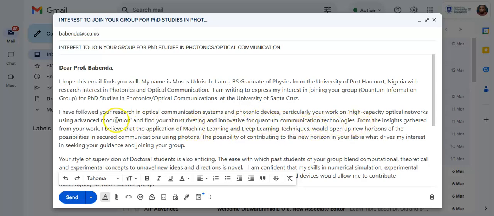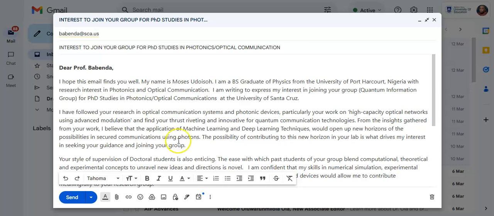From the insights gathered from your work, I believe that the application of machine learning and deep learning techniques would open up new horizons of possibilities in secured communication using photons. The possibility of contributing to this new horizon in your lab is what drives my interest in seeking your guidance and joining your group. Very, very pointed, very, very innovative, very, very interesting.